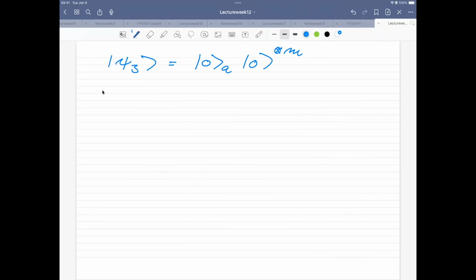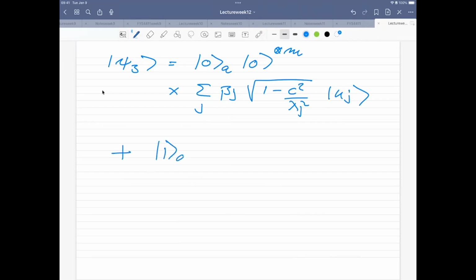And when we have that, this is multiplied with a sum over J. And then I have my beta J and 1 minus C squared of lambda J squared multiplied with U of J plus this ancilla qubit, which is in a linear superposition now of 0, and this is the tensor product of these states, and I have J of beta J of C of lambda J of U of J.